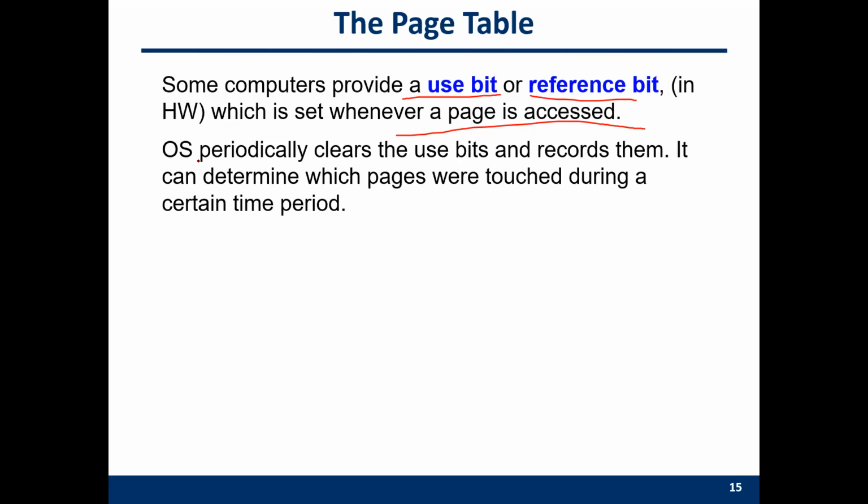If this bit is not set, which means that this page is, I cannot say never, but not accessed during this particular period, then this page is a very good candidate to replace. You can kick out this page based on the so-called temporal locality, because in this period, this page is not a hot page. We can replace it.